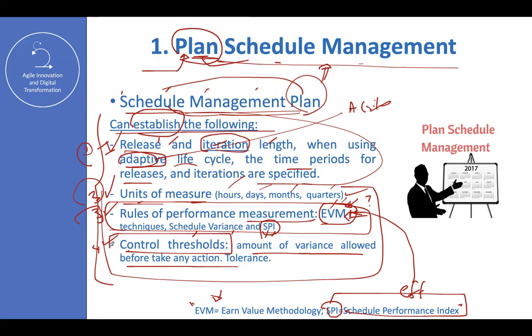That variation is allowed, it's the amount of variance that is allowed. So you need to put that into the plan. Why? Because we don't want surprises at the end of the day. So, okay, this is the agreement. We're going to deliver the project in December, but we can do it maybe 2 weeks later or 2 weeks earlier. So you put those in a range, like a margin of error. That is control thresholds. Another name for that concept is tolerance, level of tolerance.